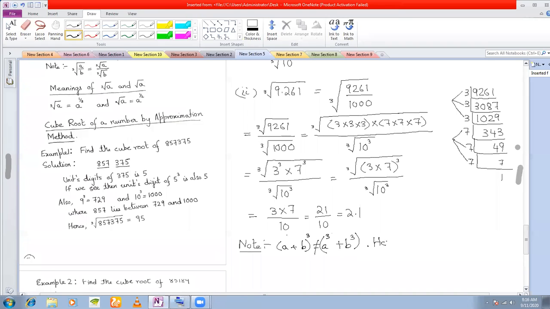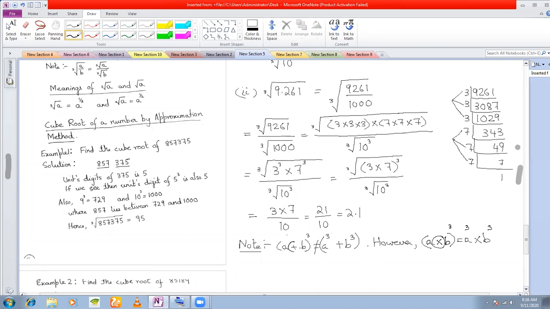However, if there is a multiplication sign, then you can write a into b whole cube is equal to a cube into b cube. This you can write because you have a multiplication sign here.